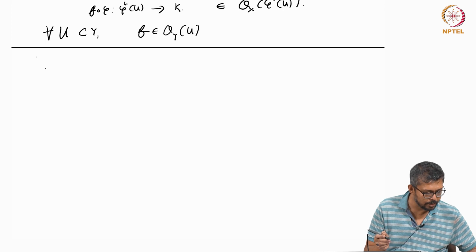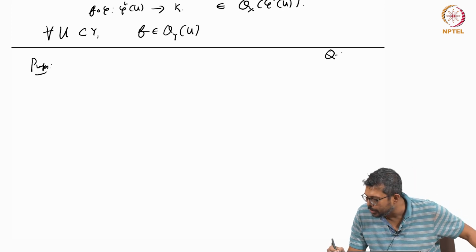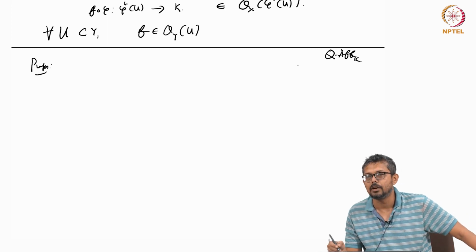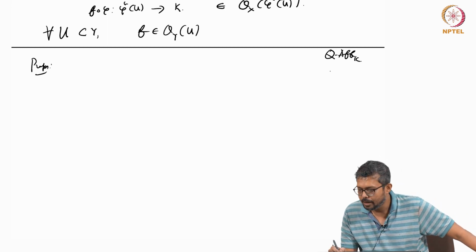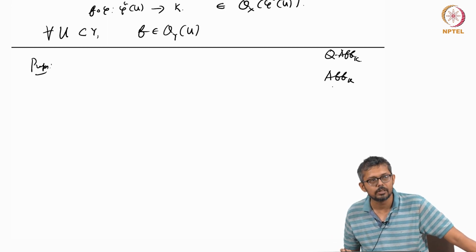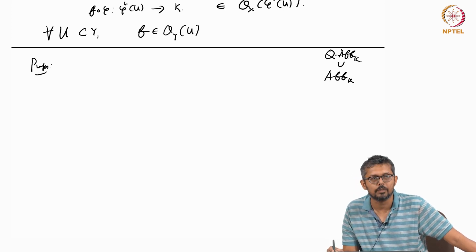Let me say the theorem, a proposition. When I write quasi-affine K, this means the category of quasi-affine varieties. And when I write affine K, this means the category of affine varieties. And you know that one is contained in the other, and this is a full subcategory.